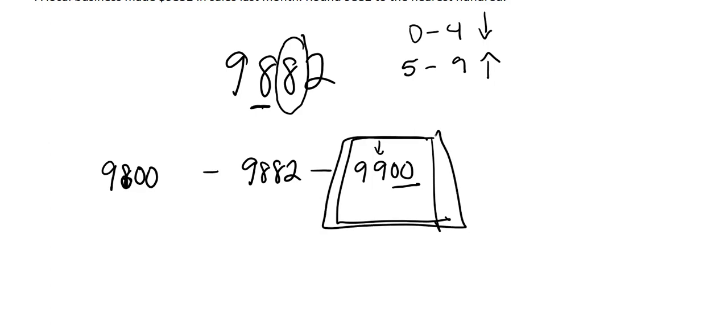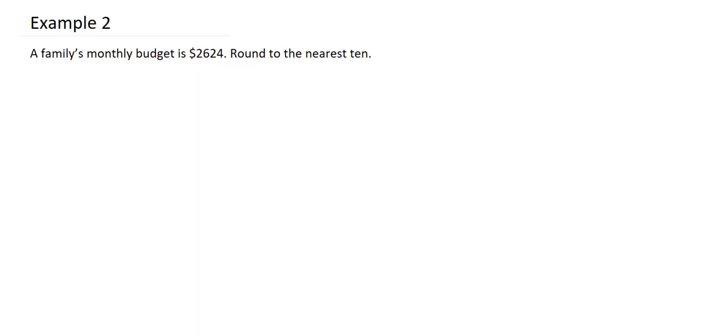So now let's go ahead and look at another example. A family's monthly budget is $2,624. Let's round that to the nearest 10. So if we have 2,624, and we're looking at the 10, so we have ones and tens.